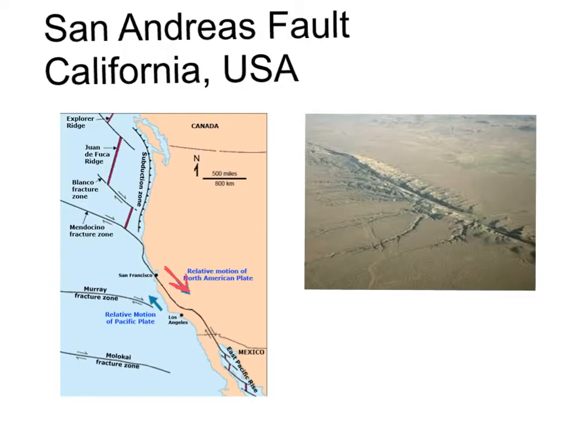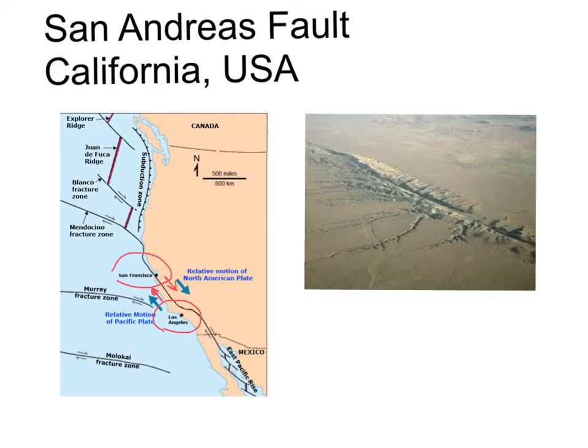The other half of California is attached to the Pacific plate, which is moving the opposite direction this way. So in a couple million years, the city of San Francisco is going to be located right next to the city of Los Angeles. So if you live in San Francisco and you're looking out your kitchen window, you're going to see the skyline of LA.